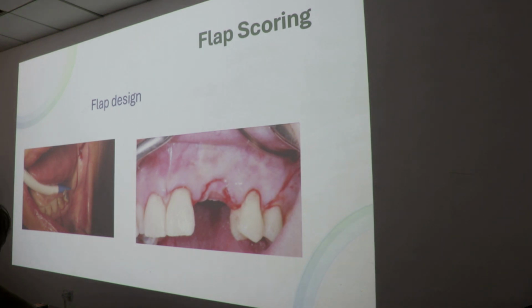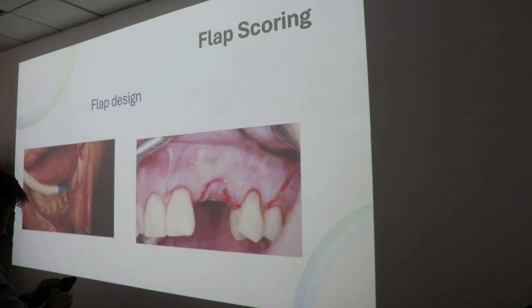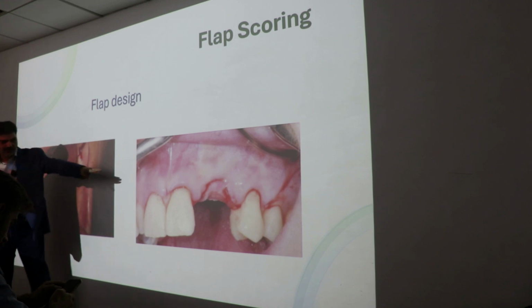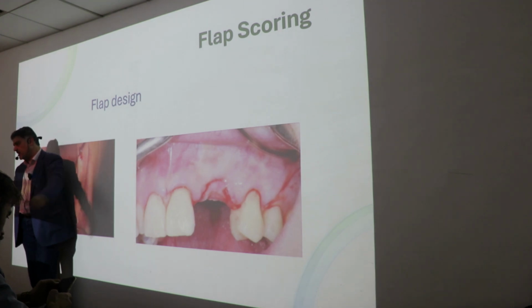Because in the lower, both sides of the flap, the buccal and the lingual, will be expanded together, and we'll see how we expand both sides. While on the upper, only the buccal will be expanded, not the palatal. Palatal, whatever you do, will never be expanded.